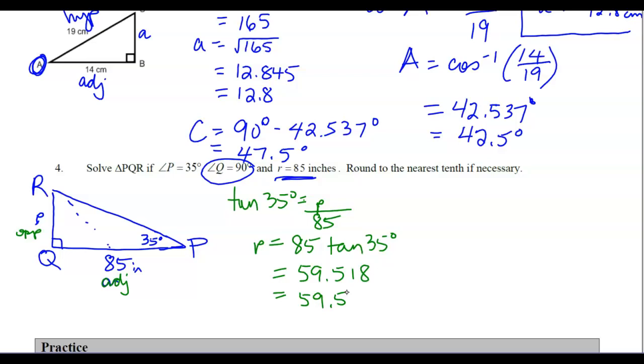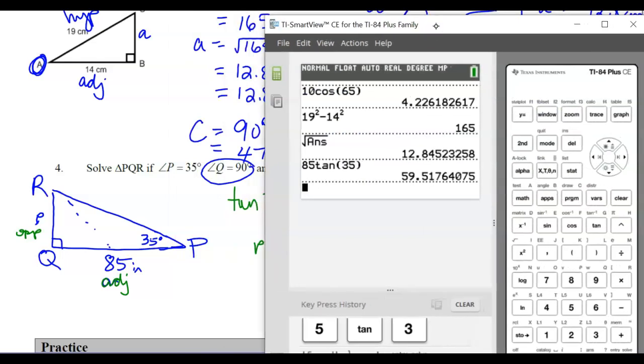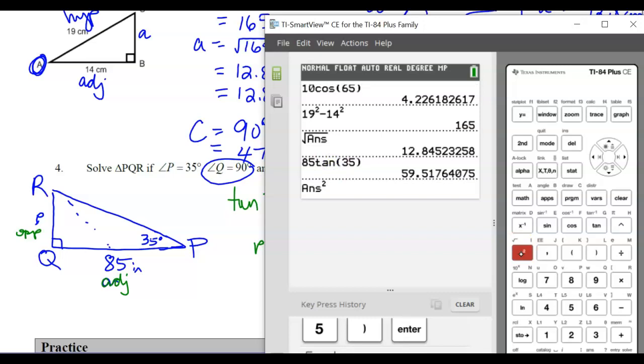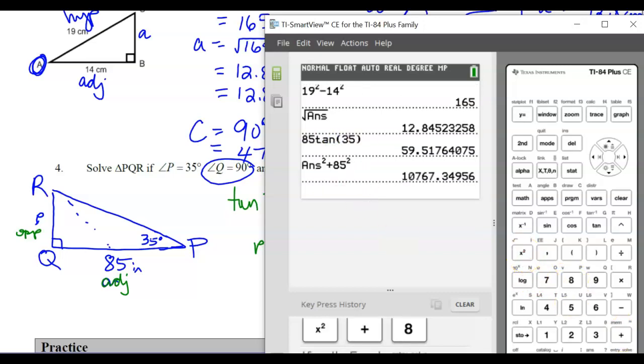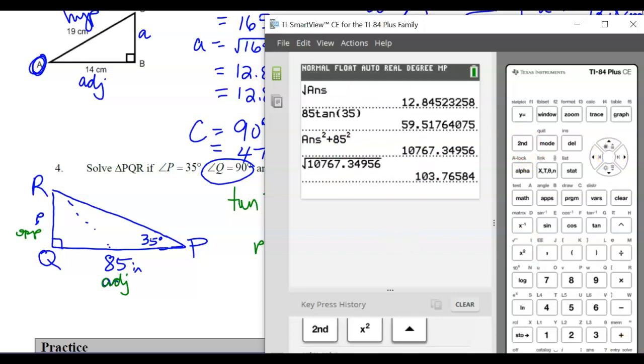So in this case, I'll show you what happens. I'm not going to write it down because that's not the method I would choose. But if you did, I would take that side, 59.517, I would square that right now. So it squares that answer. Add 85 squared. And then that's the number that you take the root of. So you can copy it out or do the answer. And that would give you the hypotenuse.